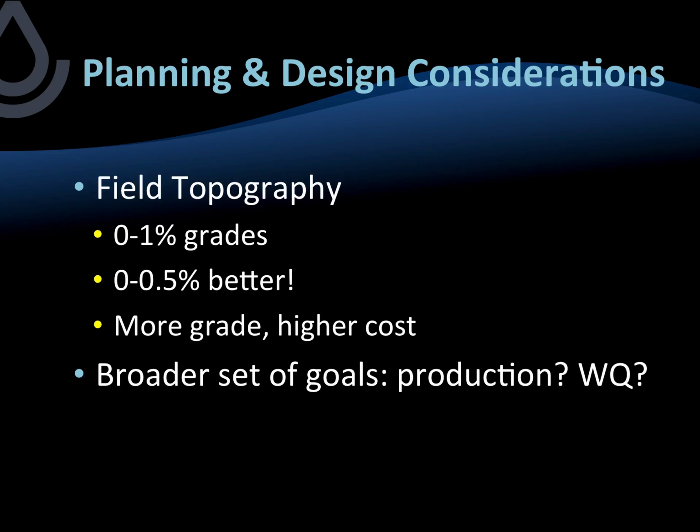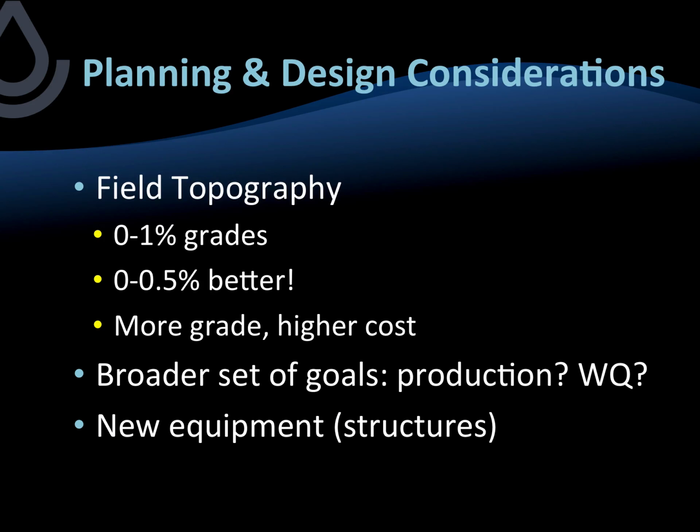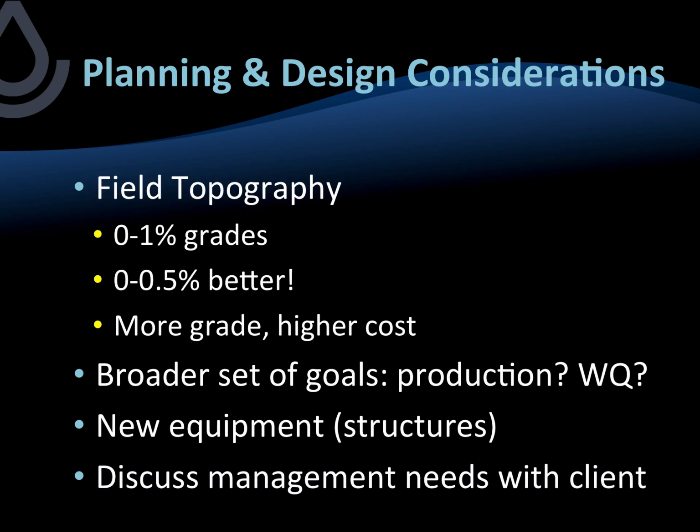We've got a broader set of goals here than a traditional drainage system. We've got agronomic goals that are even a little different than traditional drainage. We've also got some water quality goals. So these should be on the table when designers and installers talk with their clients. We also have the use of new equipment for these systems. We did not have drainage water management structures, control structures in a traditional system, so that's another thing to consider.